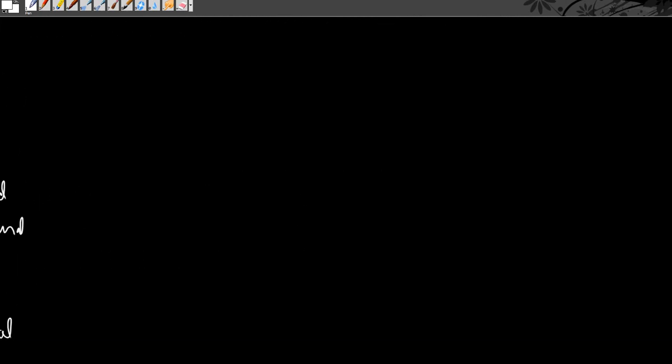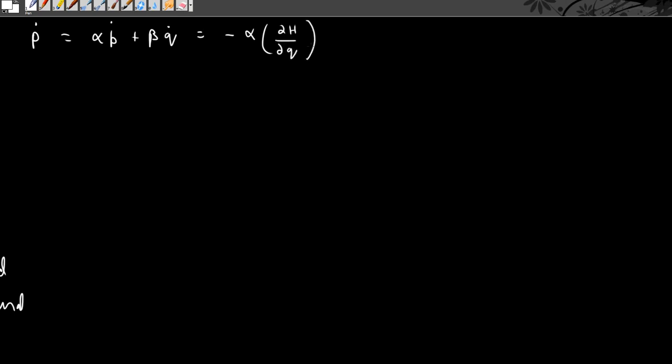Once you make note of that, from these two equations, let us calculate the value of capital P dot and capital Q dot. So our capital P dot will be equal to alpha p dot plus beta q dot, which is equal to minus alpha times dou H by dou q, using Hamilton's equations for our old variables, plus beta times dou H by dou p.